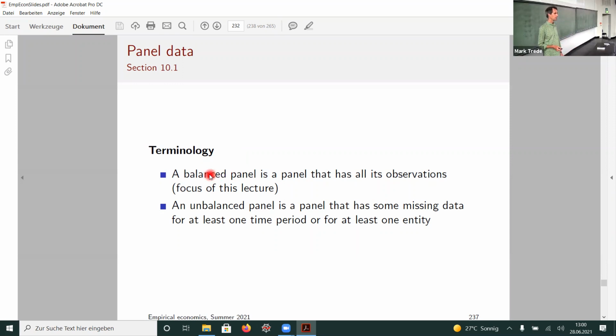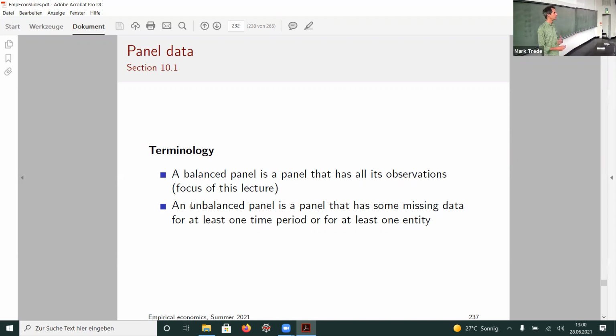And if the panel is not balanced, then it's unbalanced, unbalanciert, which means that for some individuals, we do not have all the data. This can happen because an individual just moves away or dies, or it's not relevant anymore.